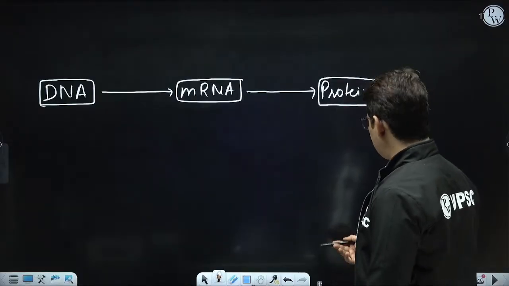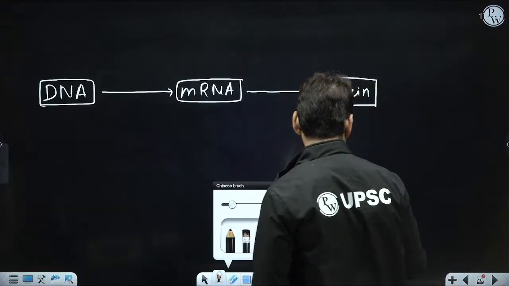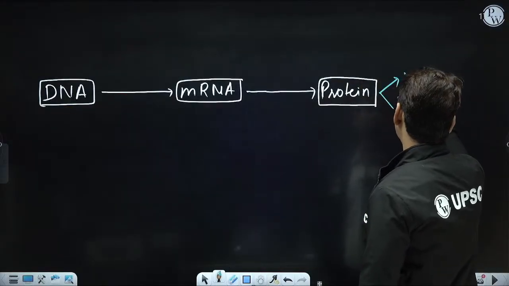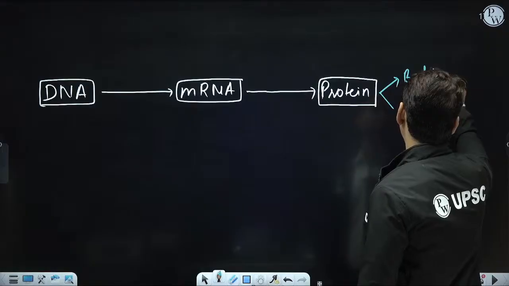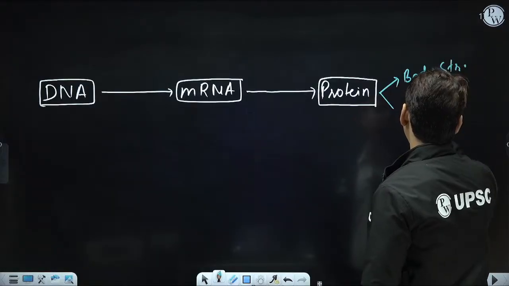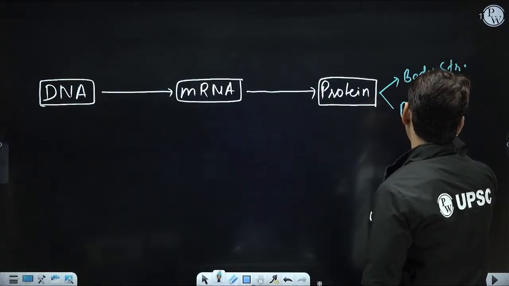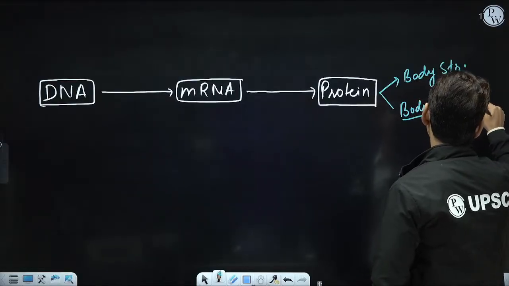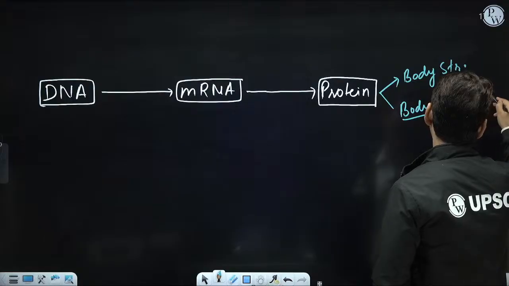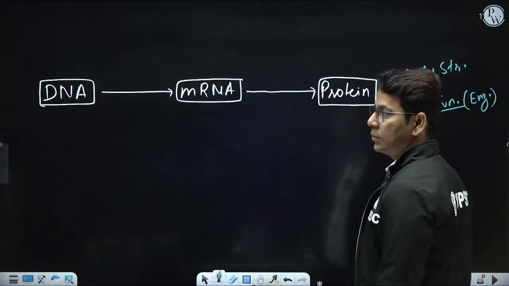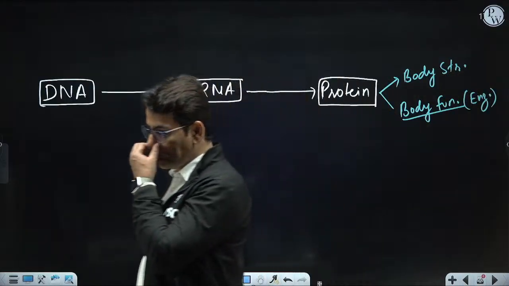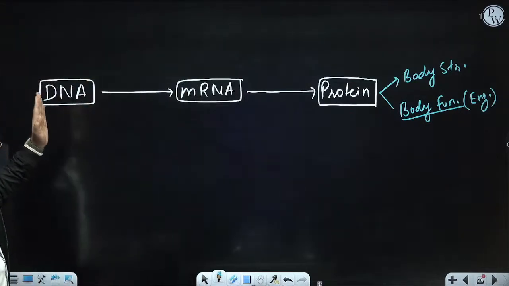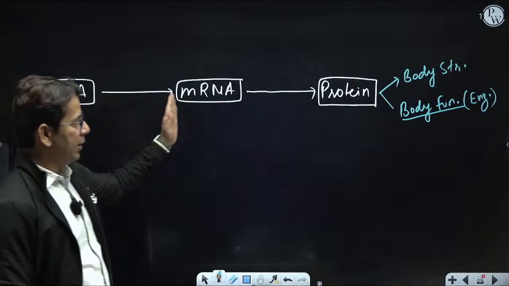And this protein, additionally, I am adding over here, is basically your body structure and body function. Why? Because enzymes are made up of proteins. Got the point? This is a very linear learning that you have to understand. DNA to messenger RNA to protein.